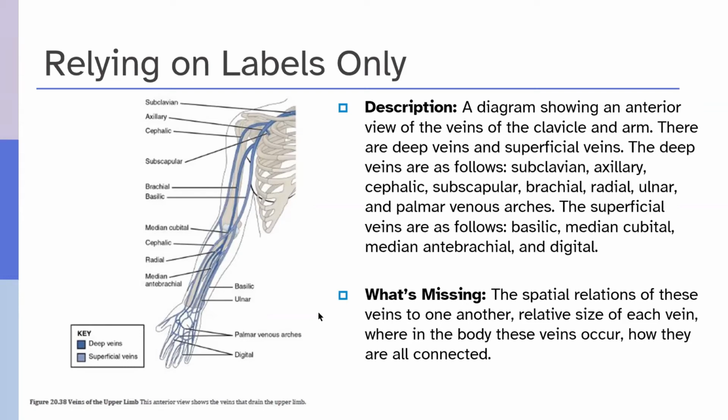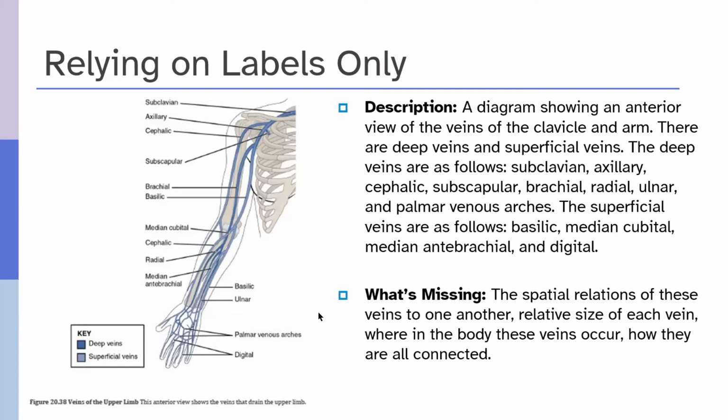I described it as a diagram showing an anterior view of the veins of the clavicle and arm. There are deep veins and superficial veins. The deep veins are as follows, and then I just listed all of the labels on that diagram. So that's a good basic alt text description of that image.